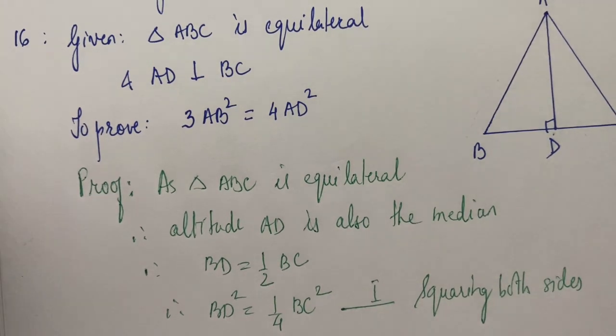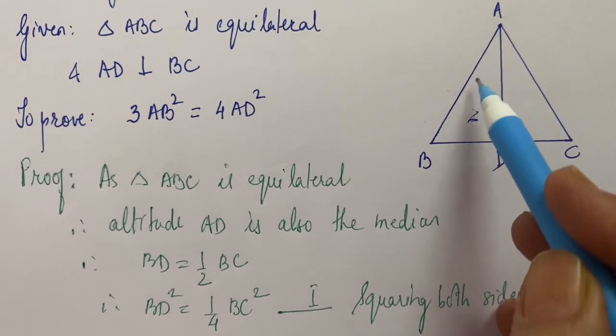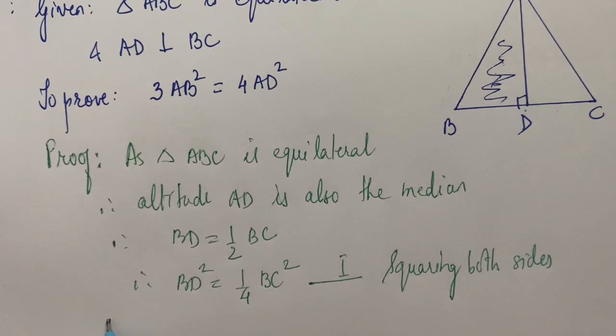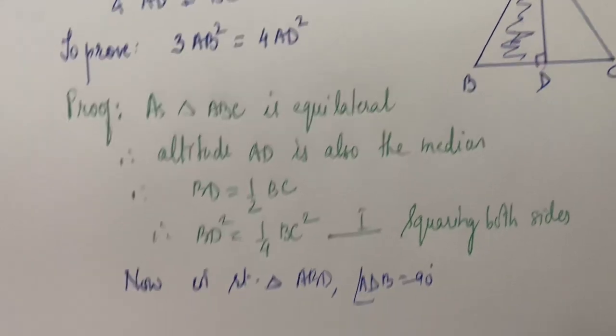Okay. Now we apply Pythagoras theorem for this right triangle ABD. I hope you can see this triangle ABD. So now in right triangle ABD, angle ADB is equal to 90 degree.